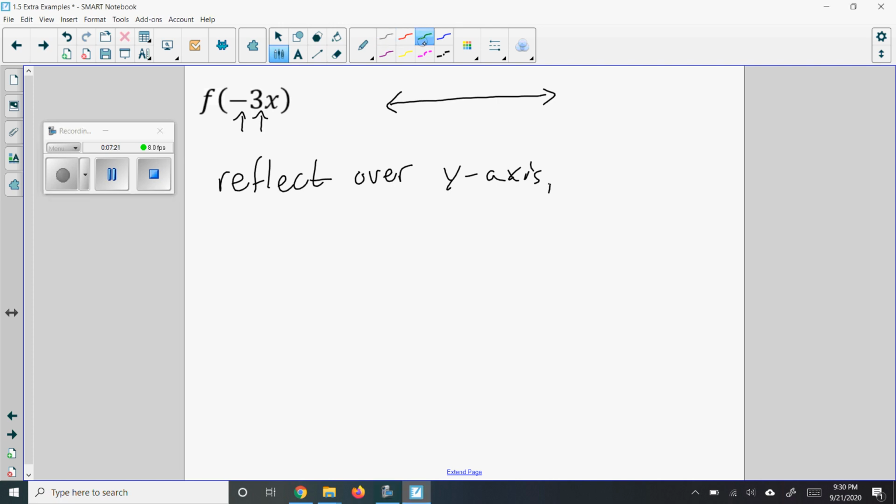So this actually corresponds to a horizontal shrink. I've taken this line here and I've shrunk it horizontally. So this is a horizontal shrink of 1/3. And those are the 2 transformations.